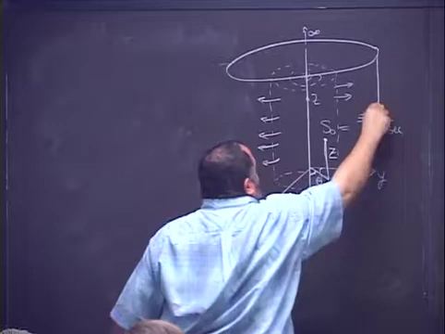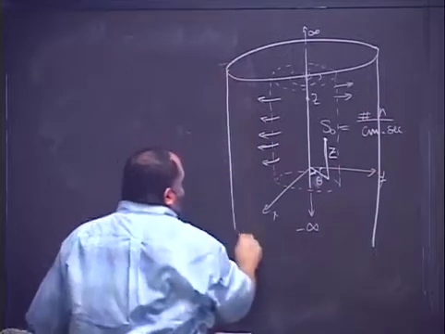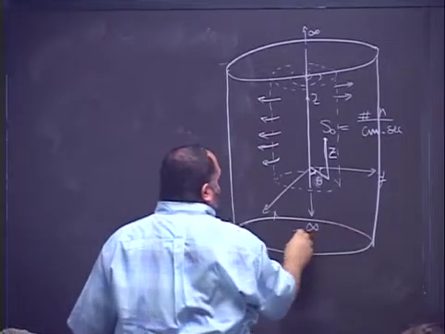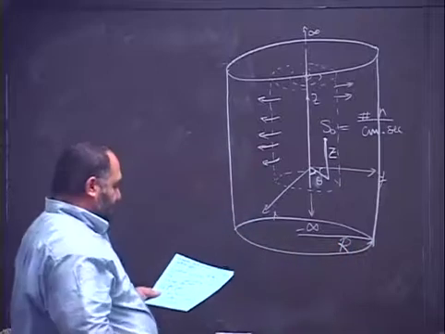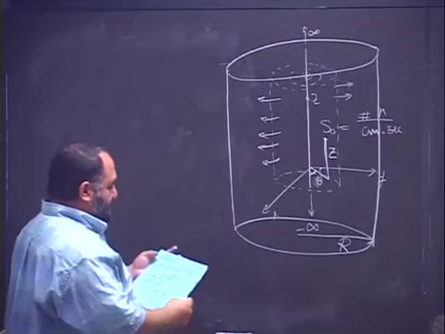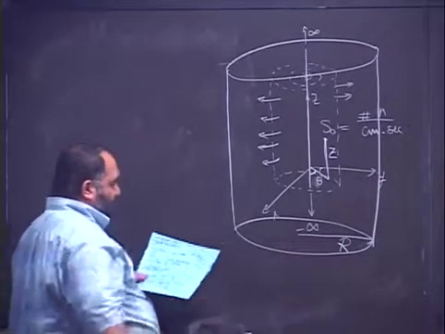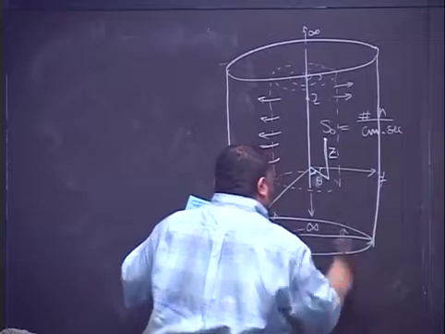The line source is still infinite, but our system goes up to R capital, or in the book, he calls it radius A.